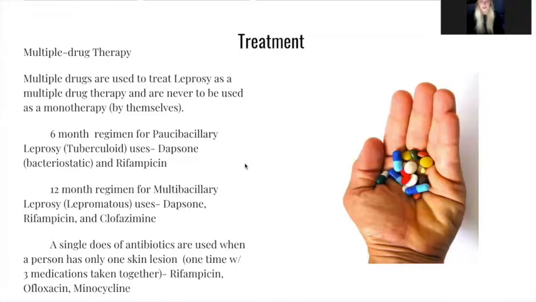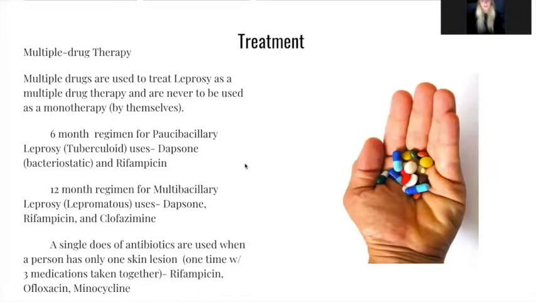So for paucibacillary leprosy or tuberculoid leprosy, that is a 6-month use, and you use dapsone, which is a bacteriostatic, and rifampicin. For multibacillary leprosy, also known as lepromatous, that is a 12-month regimen, and you use dapsone, rifampicin, and clofazimine.